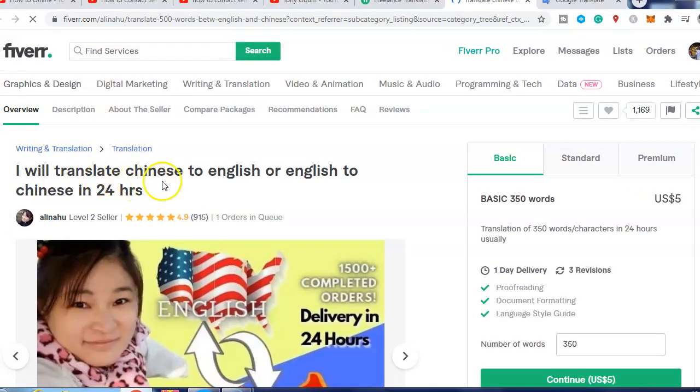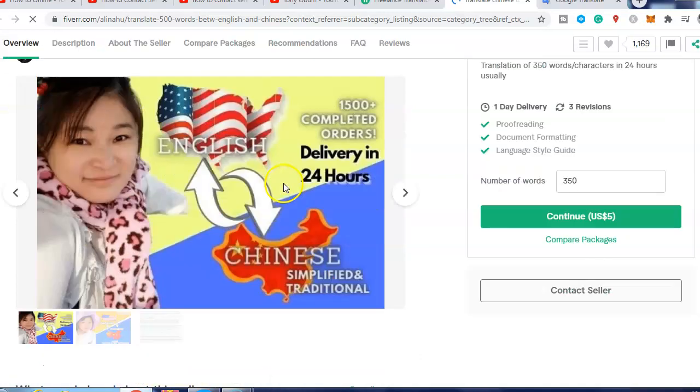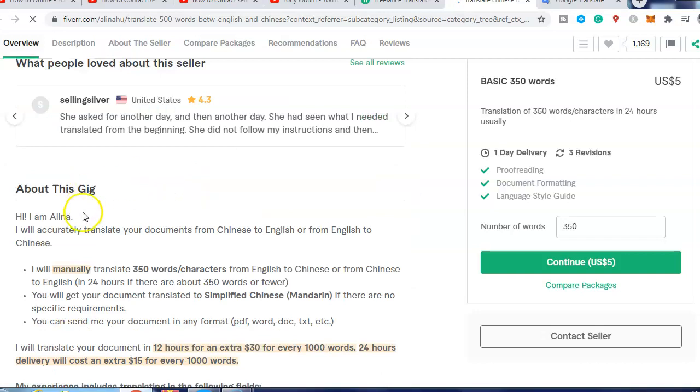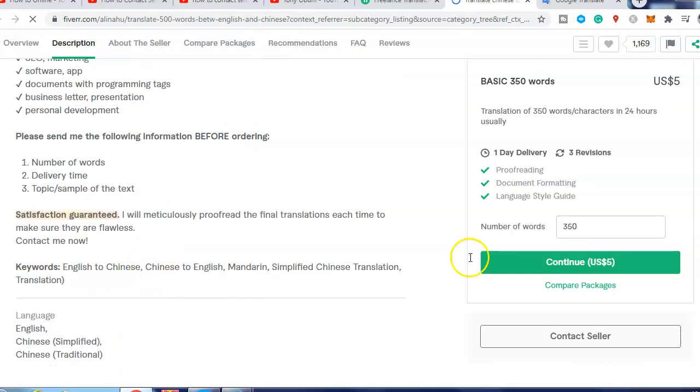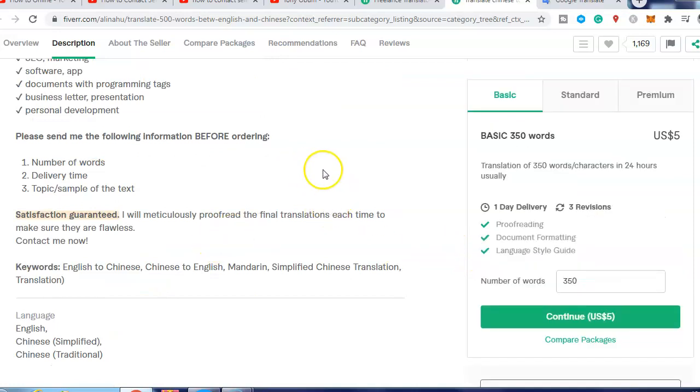I will translate Chinese to English or English to Chinese in 24 hours. And here is the description about the gig, the time, the price, etc.